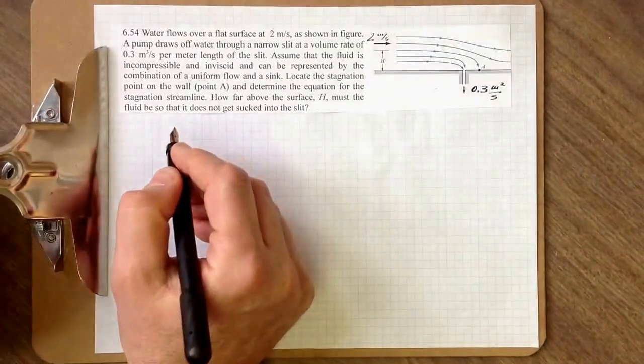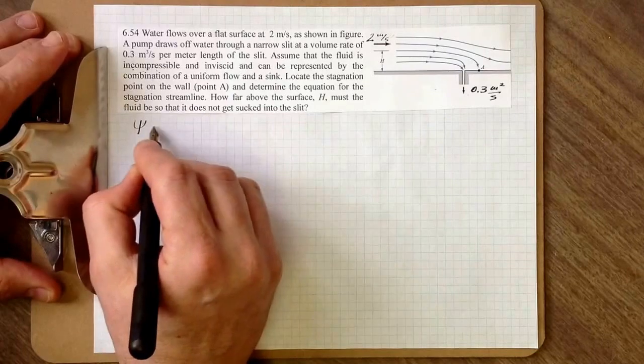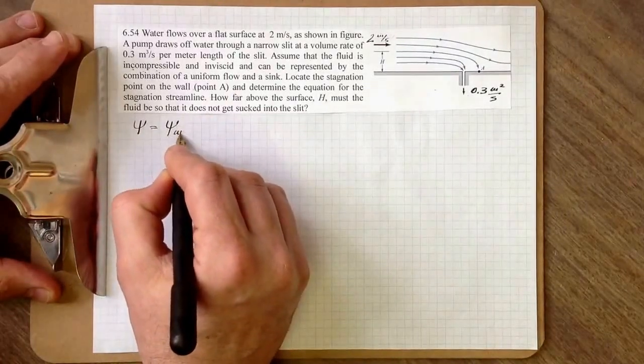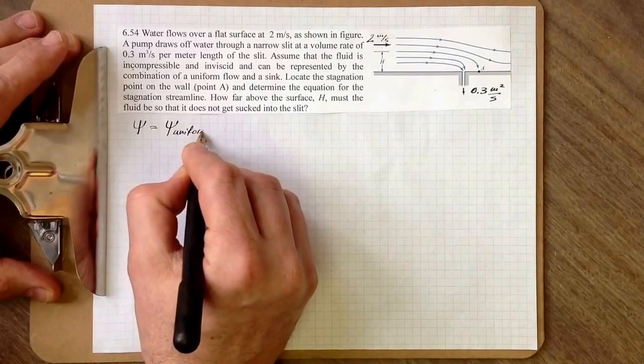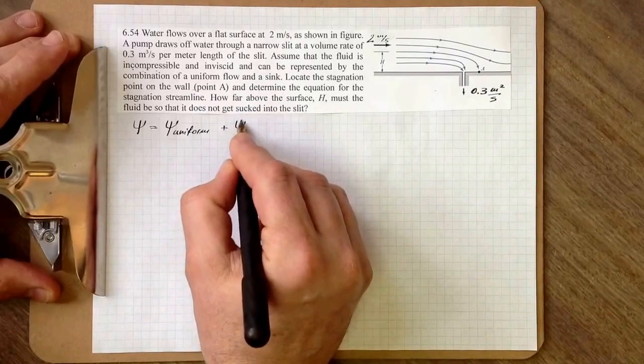So here we have the stream function as a combination of uniform flow and the sink.